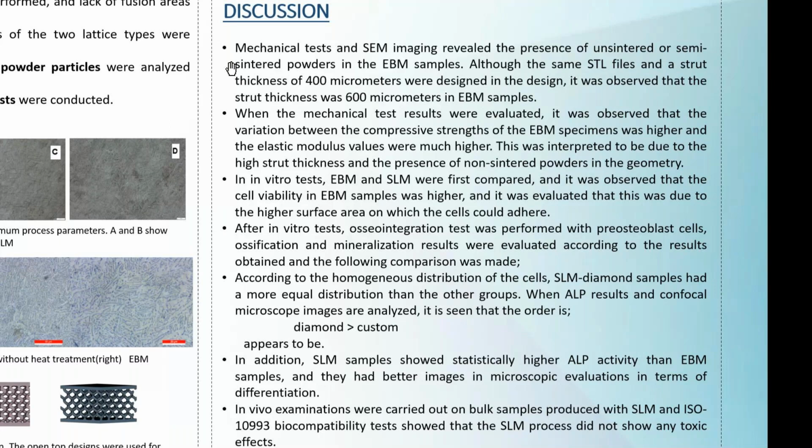When the mechanical test results were evaluated, it was observed that the variation in the compressive strength of the EBM was higher, and the elastic modulus was much higher than the SLM samples. We thought this is due to the high strut thickness and the presence of non-sintered or semi-sintered powders in the geometry of the EBM samples.